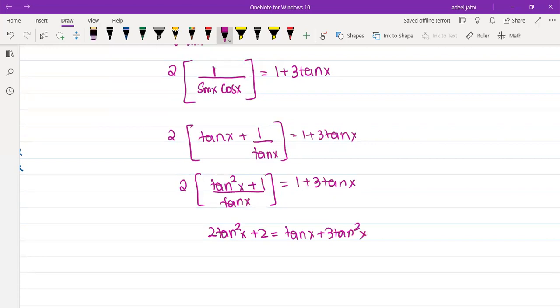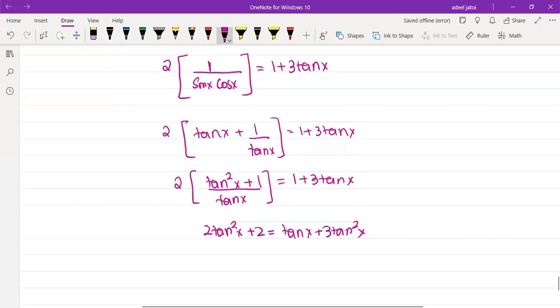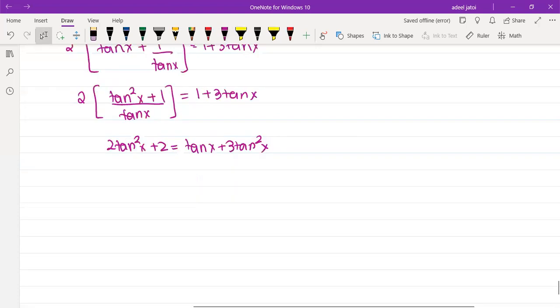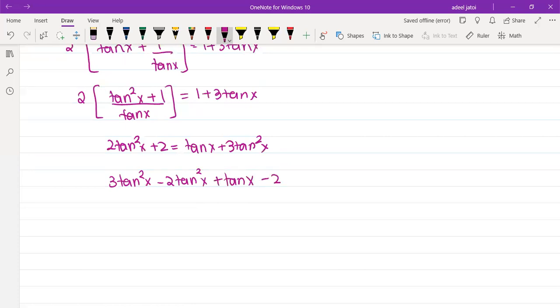This tan x in the denominator goes on the other side and gets multiplied. So what we have is 3 tan square x minus 2 tan square x plus tan x minus 2 is equal to 0. So this would be tan square x plus tan x minus 2 is equal to 0.